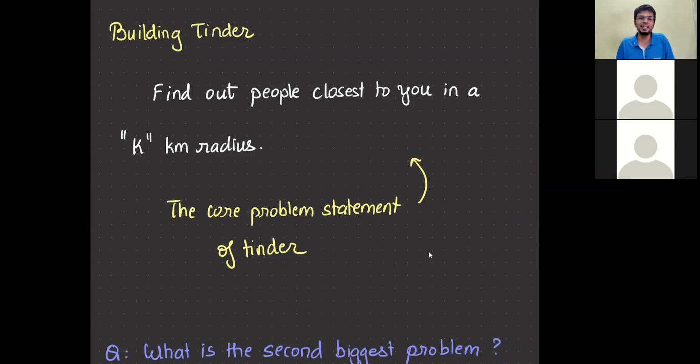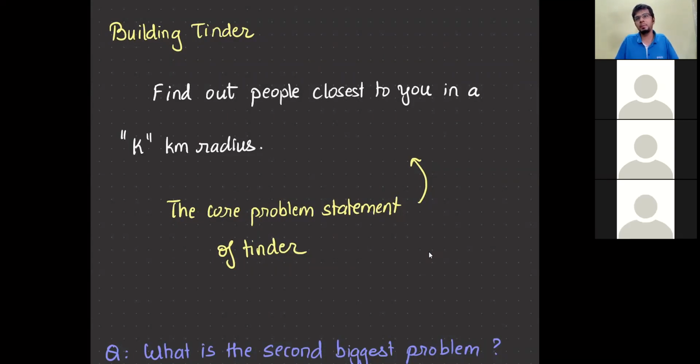Before coming to the first problem, how will you solve the second problem, to not show people you have already swiped? We decided on bloom filters. Exactly. Bloom filters is the best way to do it, because it sits on that exact same thing.